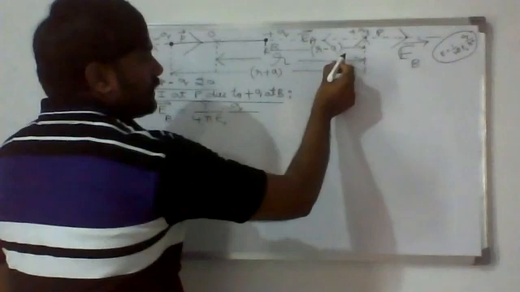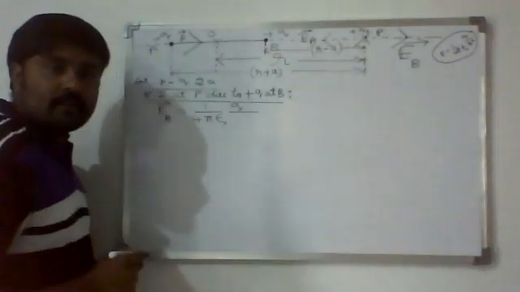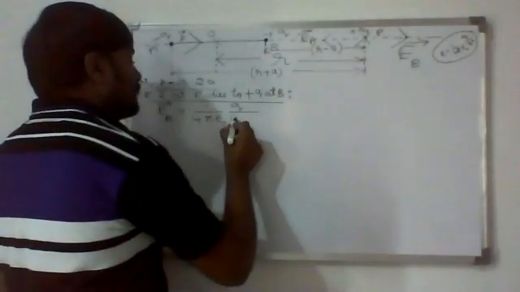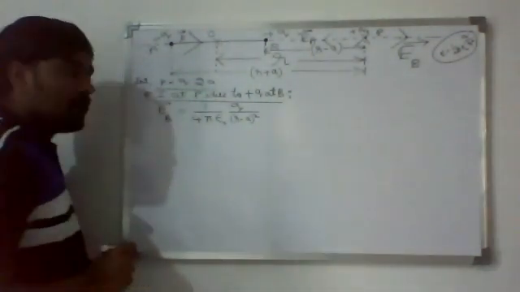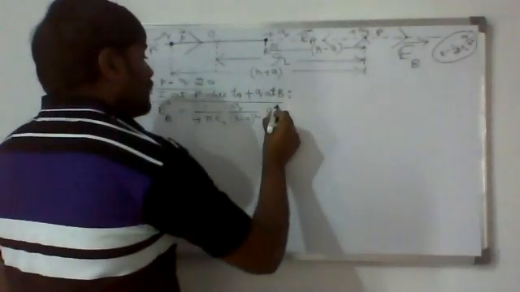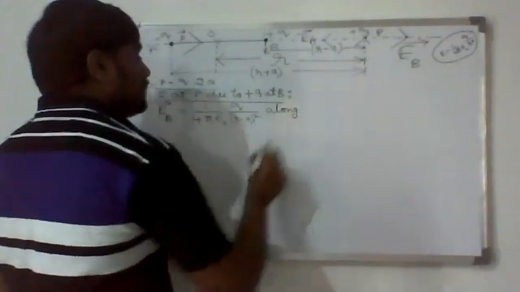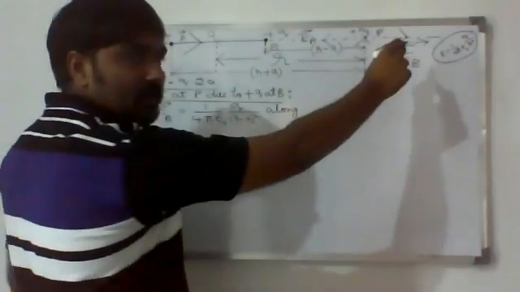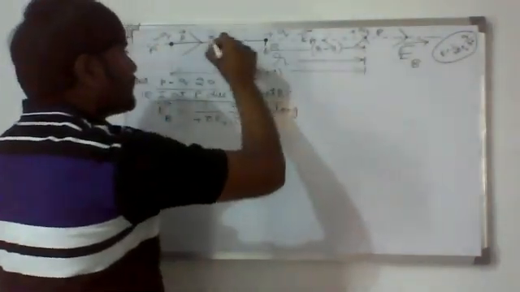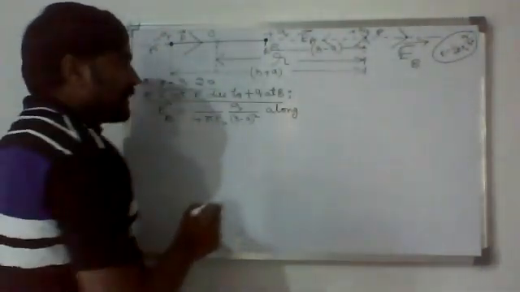That is not R. The distance is R minus A. That is why here R minus A whole square. And this is along which direction? EB vector, that is along OP direction, directed away from the center of the electric dipole.